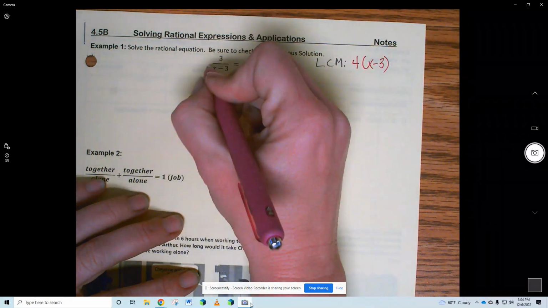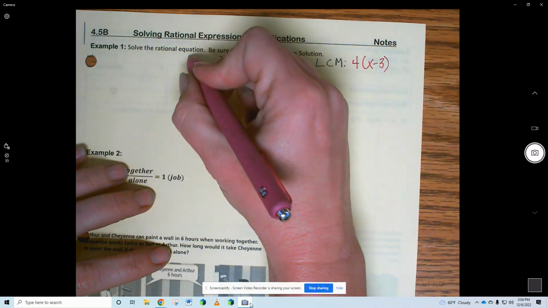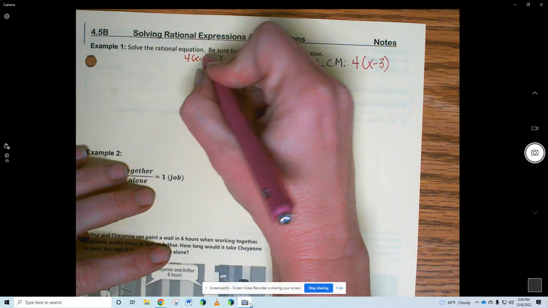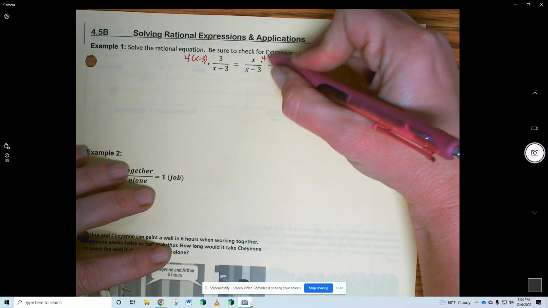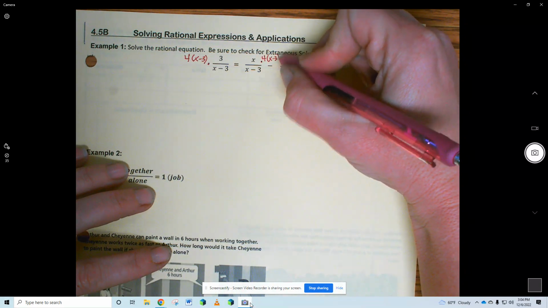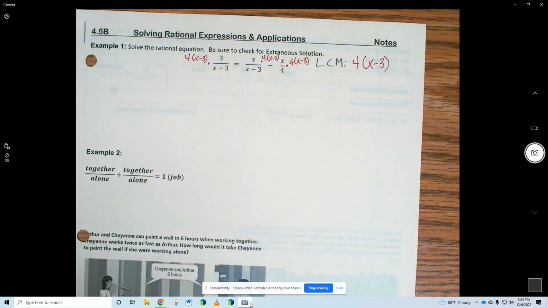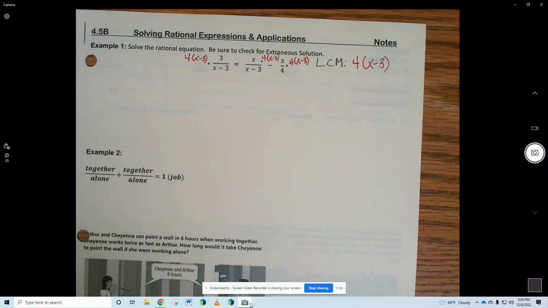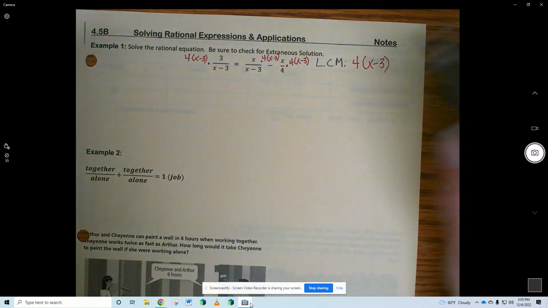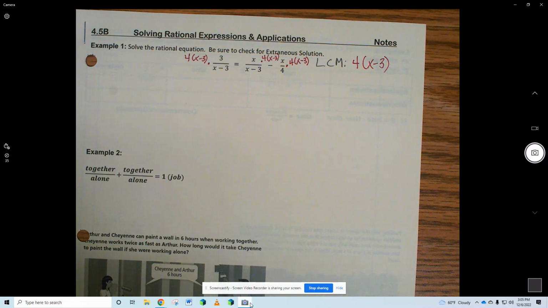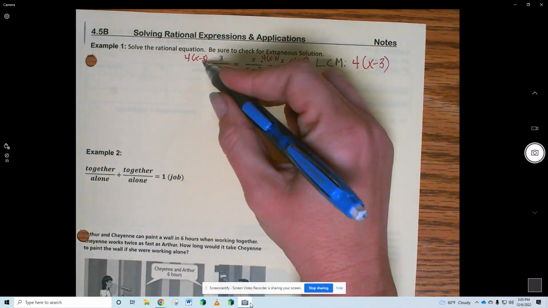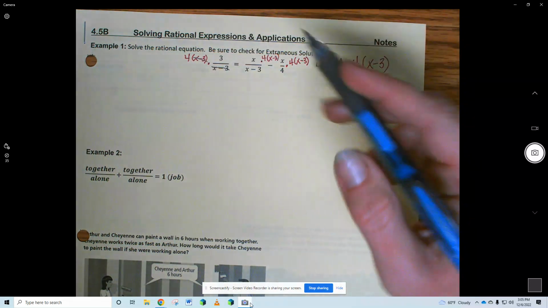Okay, I'm going to write, not too small, but everything needs to be multiplied by the 4 and the x minus 3. All right, so I'm going to cancel out diagonally what's the same. X minus 3, there.